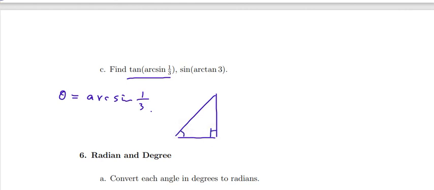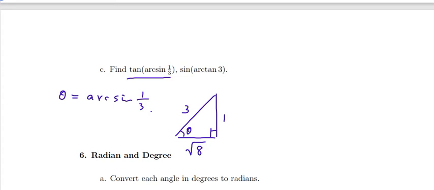Suppose this angle is arc sine 1/3, meaning this angle's sine equals 1/3. So if this is 1, this is 3, then this is radical 8, right?